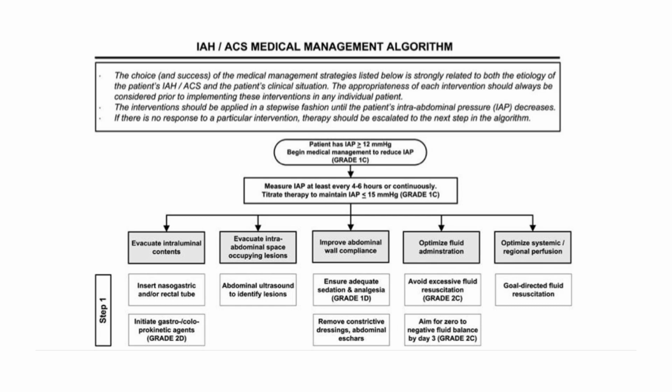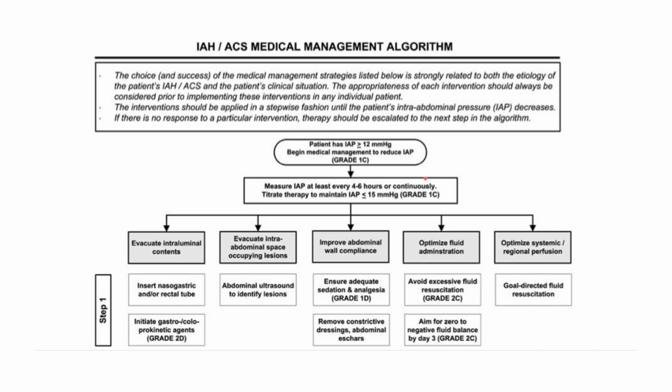And here we have the diagram or algorithm, which is mainly from the adult intensive care unit, but we can apply it here also. So we have a patient with intra-abdominal hypertension or abdominal compartment syndrome, with an intra-abdominal pressure of more than 12.